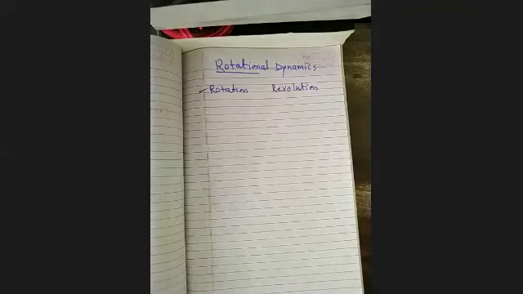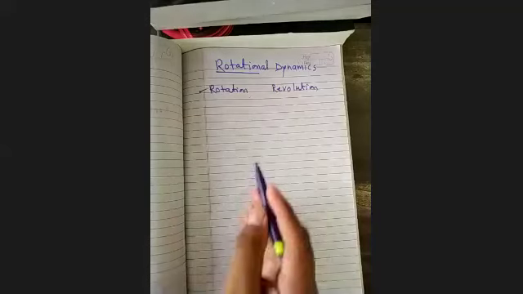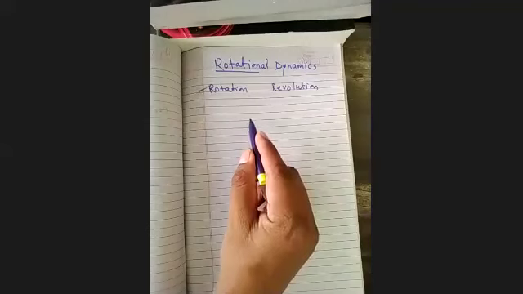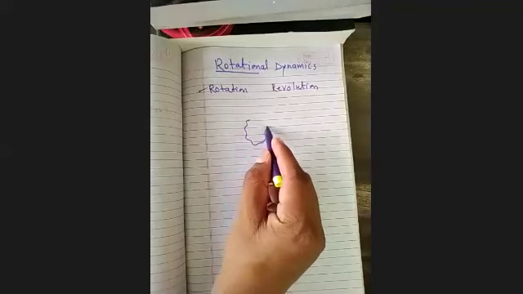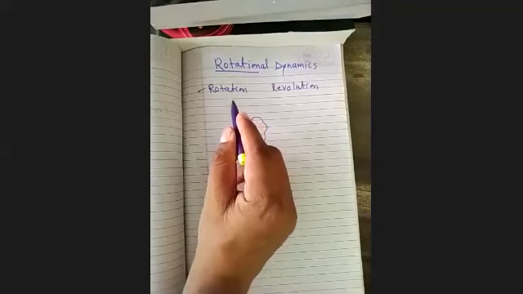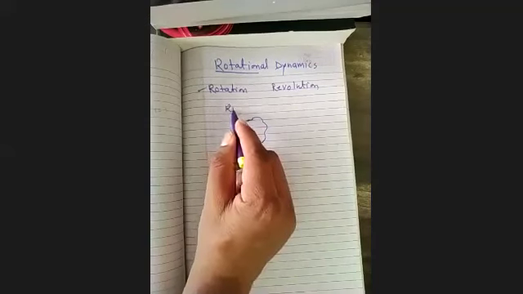So the biggest difference between rotation and revolution is, rotation means the object is rotating about its own axis. Own axis, that means what? Let's take one example. Say this is any rigid body.